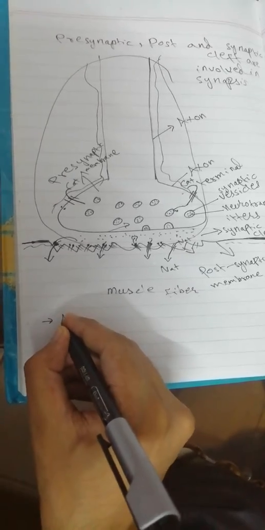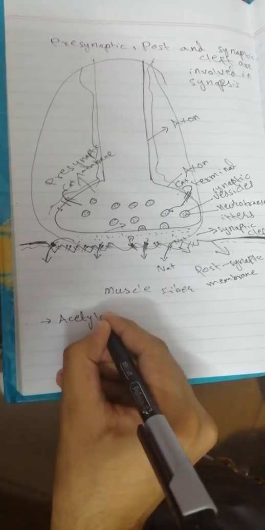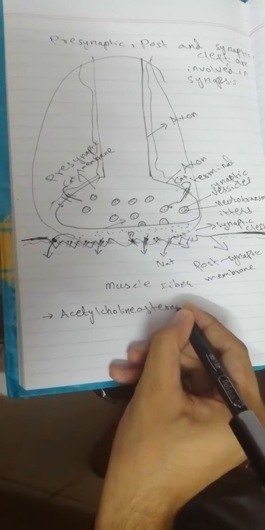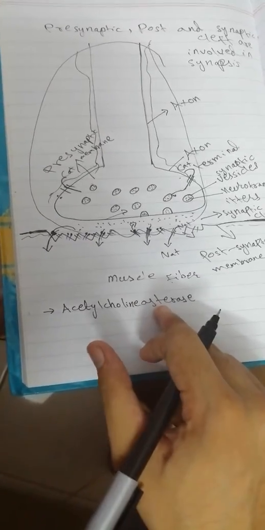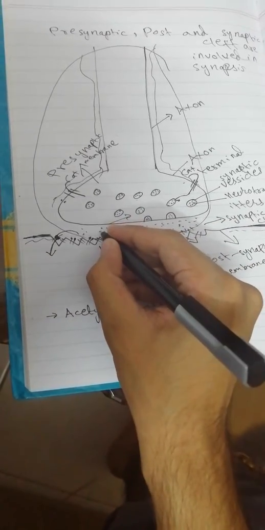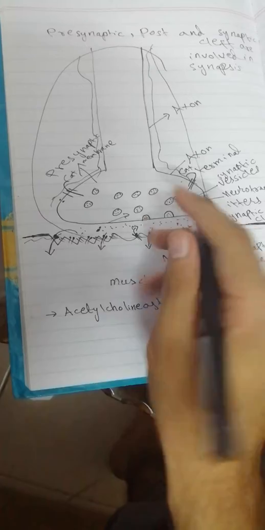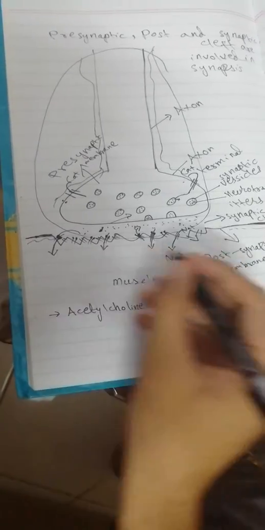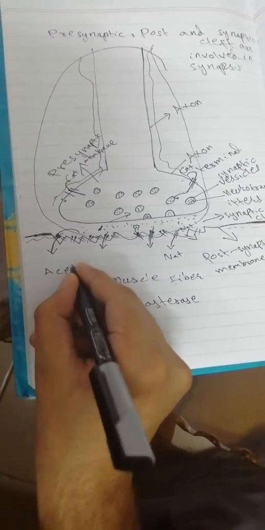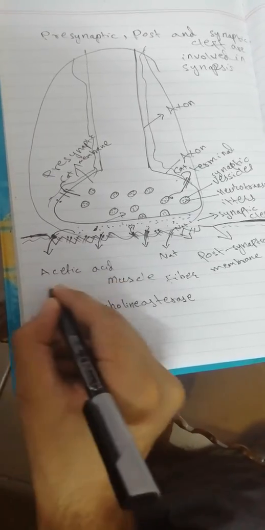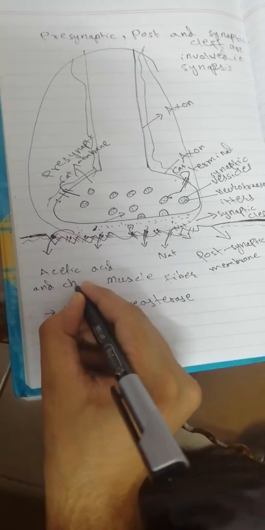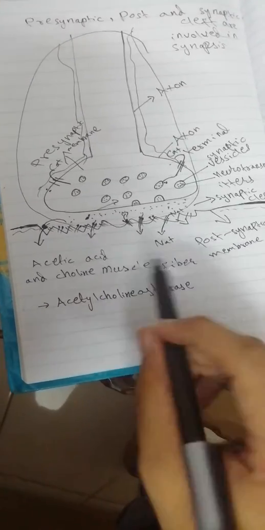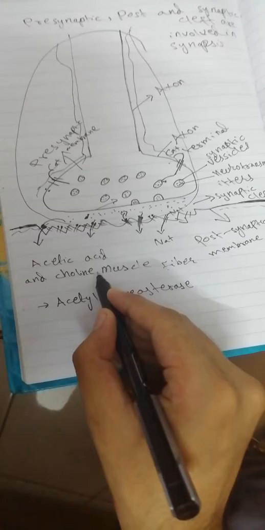And the last thing, but not the least: when the function is completed, there is an enzyme called acetylcholinesterase. The acetylcholinesterase degrades the acetylcholine and converts it into acetic acid and choline.